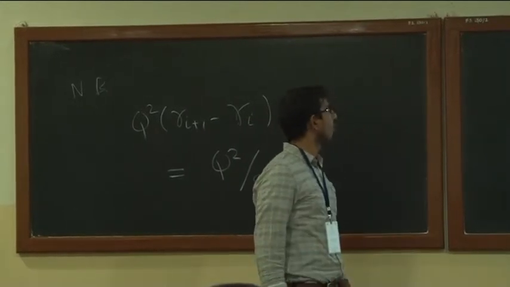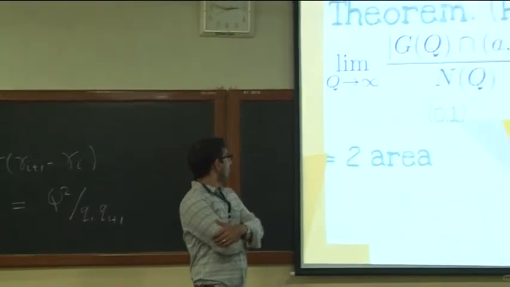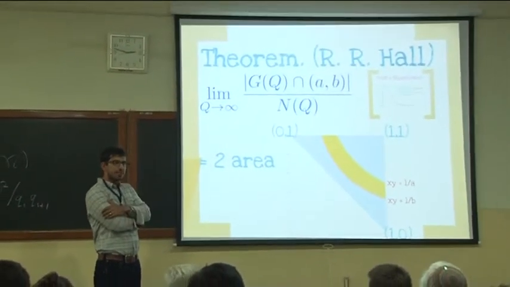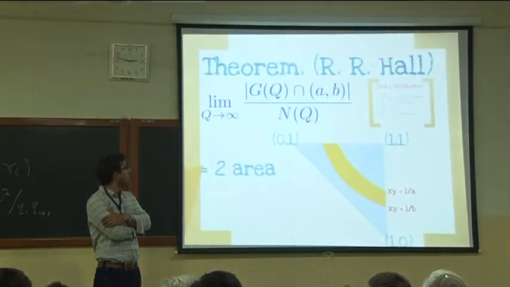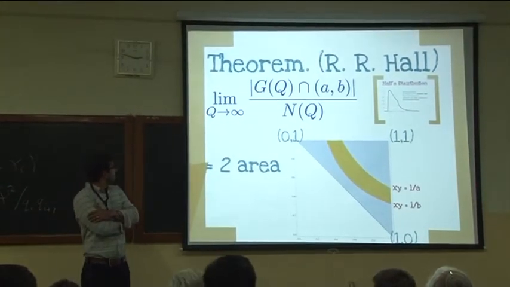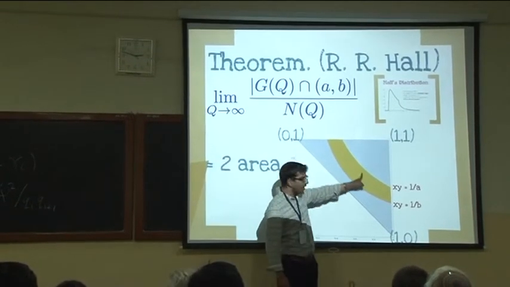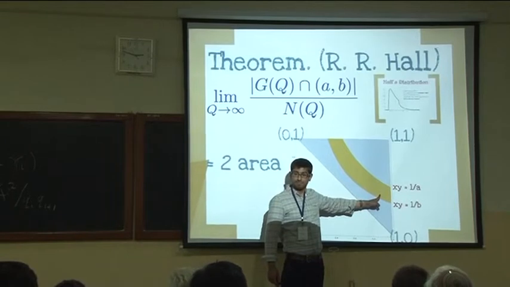So here's the theorem of Hall. Look at the proportion of Farey fractions, of Farey gaps in between A and B. A and B are just arbitrary positive real numbers. The limiting proportion is the area of this yellow region.